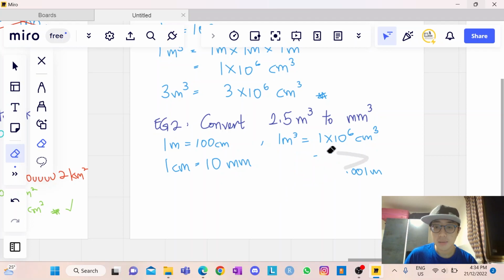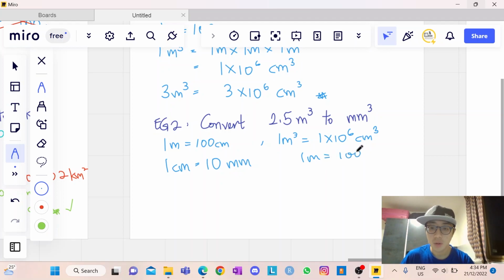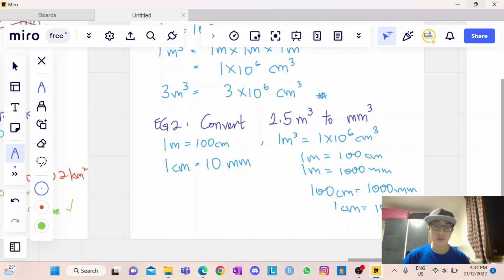Let's say from here, 1 meter is equal to 100 cm, right? 1 meter is also equal to 1000 millimeters. So since both of these are equal to 1 meter, we can equate 100 cm to 1000 millimeters. So 1 cm will be equal to 10 millimeters.